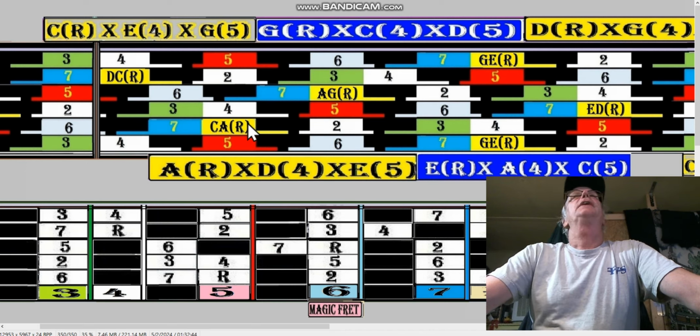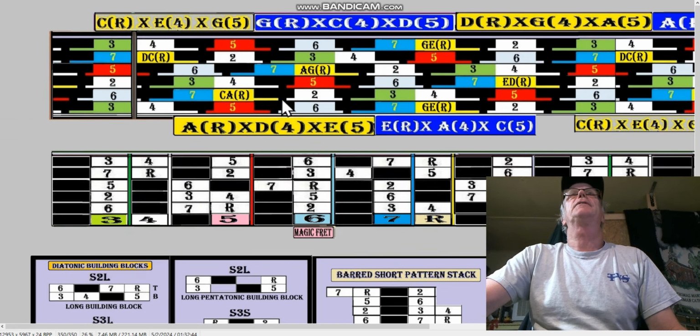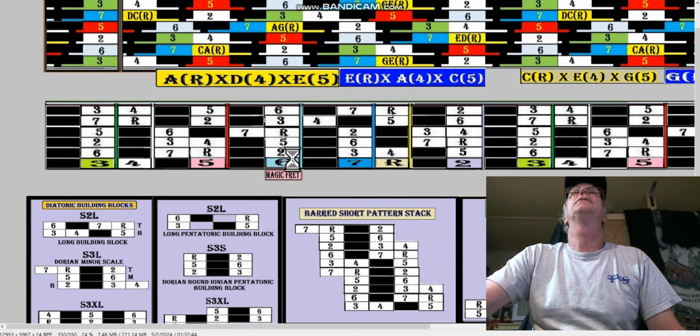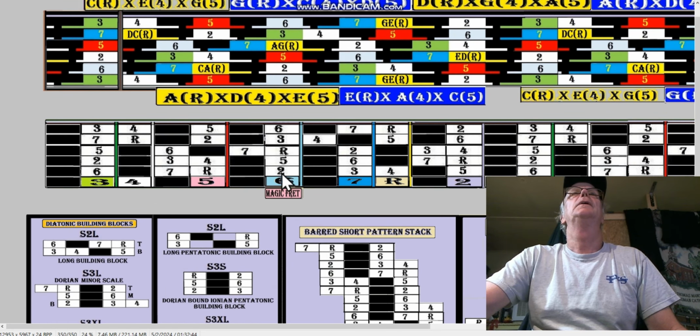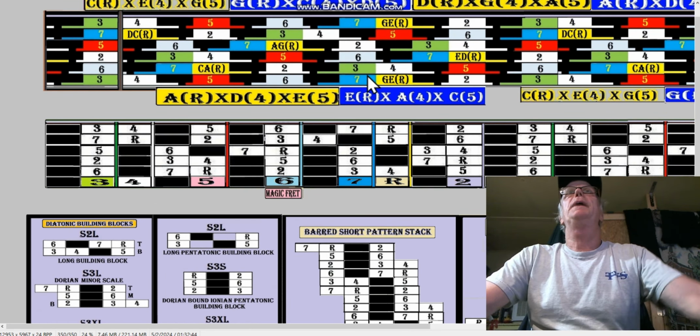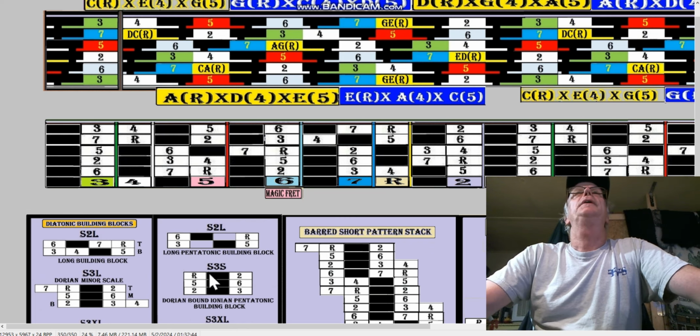Let's look at the scale patterns that are involved there. We've got an S2L. I guess I've got the chart right here, no reason not to show you. So in pentatonic, we have our S3S right here.